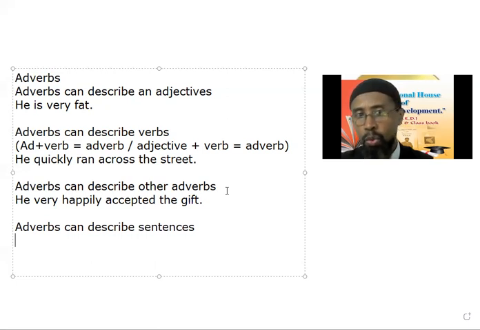I'm going to use the same one that we had above, just to show you that we can actually move an adverb that was describing a verb until it describes the sentence. And I also want you to understand the difference here.